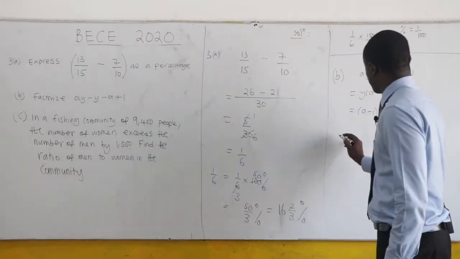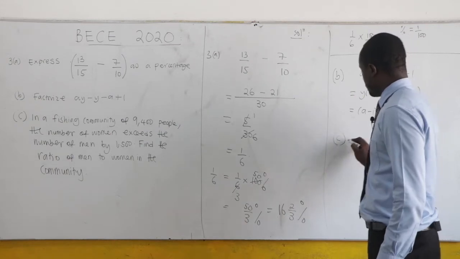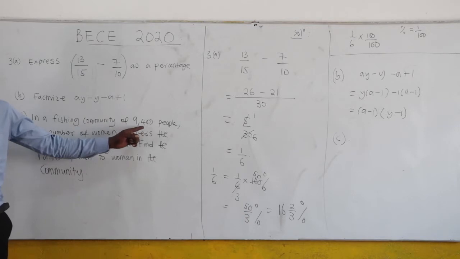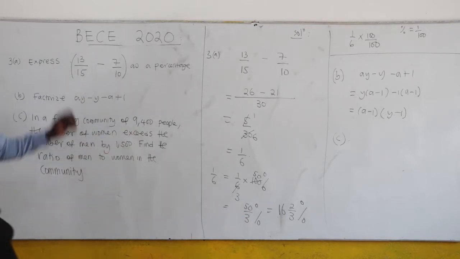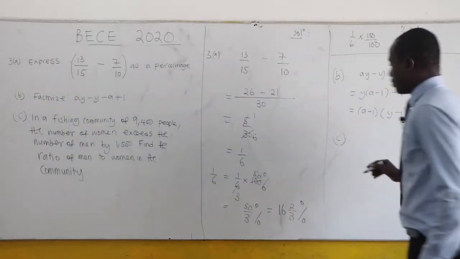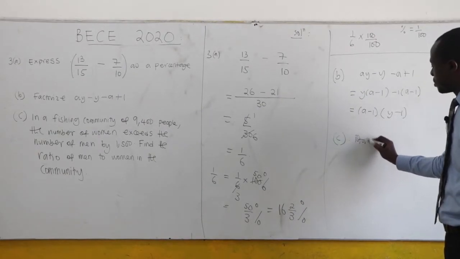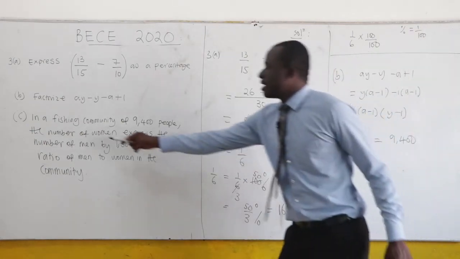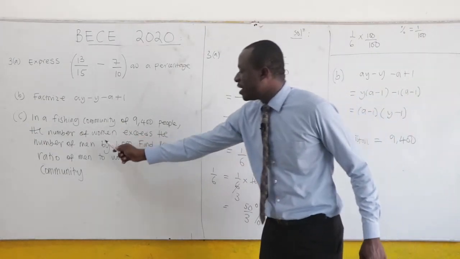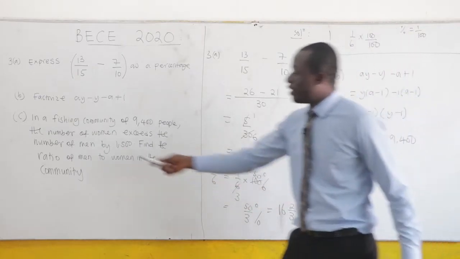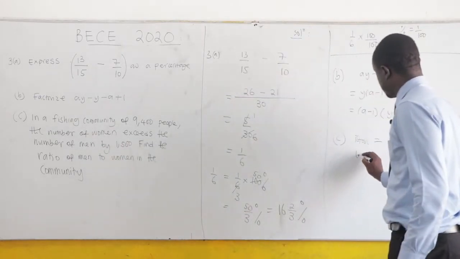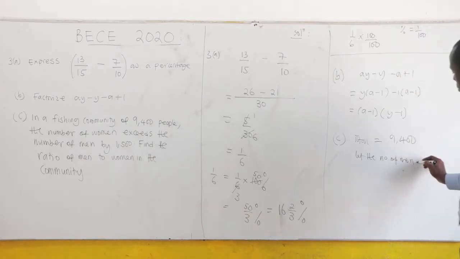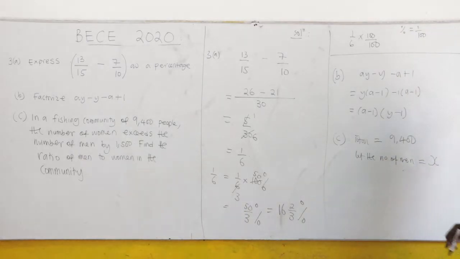Now let's see our question C. It says that in a fishing community of 9,400 people, so the total population is given as 9,400, the number of women exceeds the number of men by 1,500. Do we know the number of men? So we can say let the number of men be equal to x.